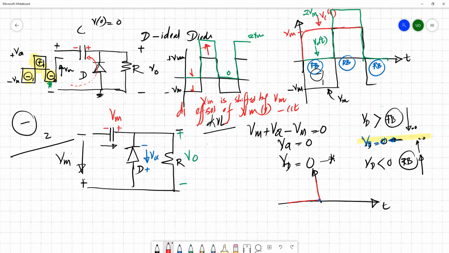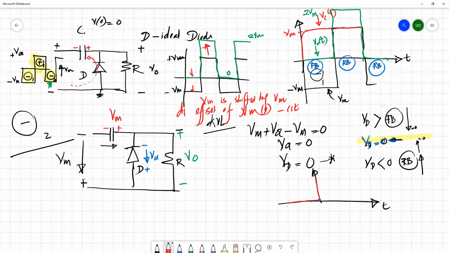Your input is basically clamped at Vm. Whether you have a periodic signal which varies between plus Vm and minus Vm, your output would simply clamp your input at Vm. So this particular circuit basically adds a DC offset of Vm to the input. Your input varies between plus Vm and minus Vm, and your output varies between 2Vm and 0.